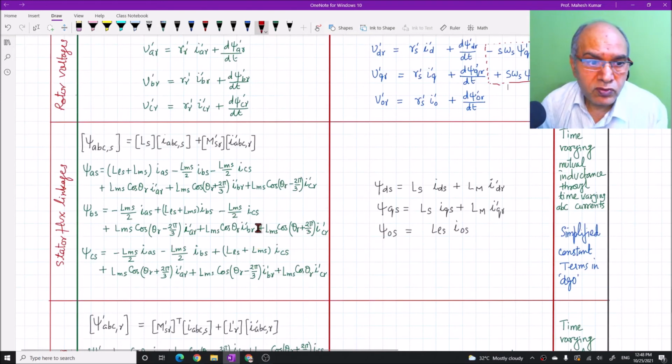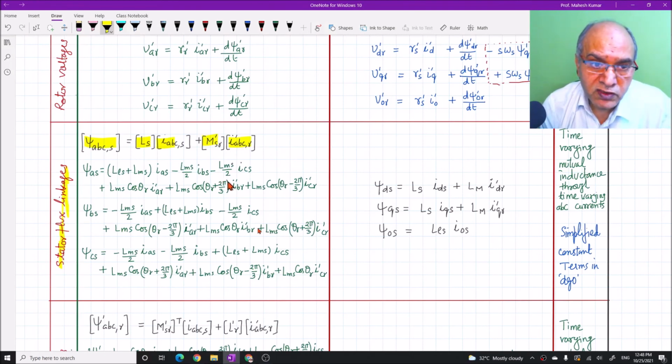Now let us come to the flux linkages on the stator side. This one. This was the main equation in ABC frame. Psi ABC equals Ls I ABC plus MSR dash I ABC dash.